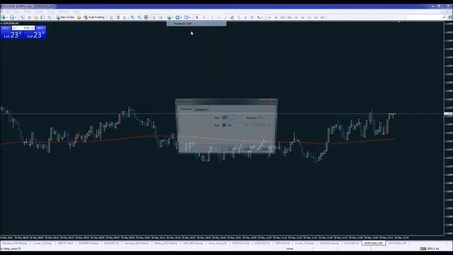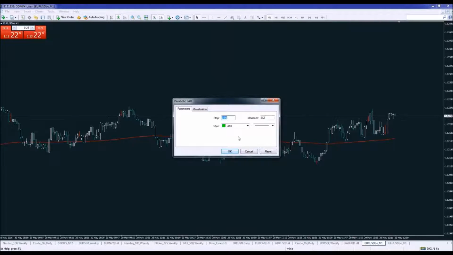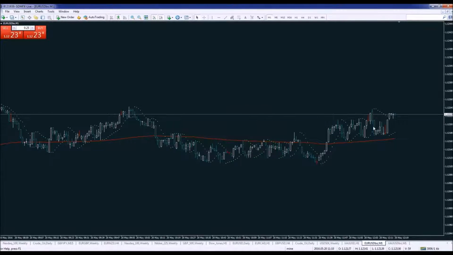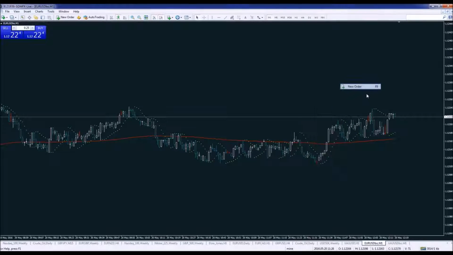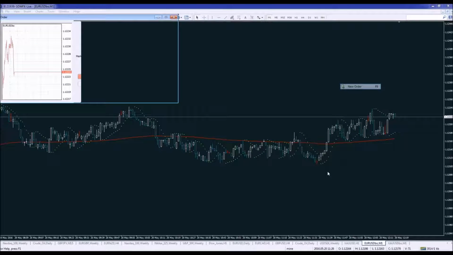And given the fact that we're going to use a 1 minute chart with the same input parameters for the parabolic, we know that this moment is an opportunity for us to trade binary options on the euro dollar, let's say, to go up.